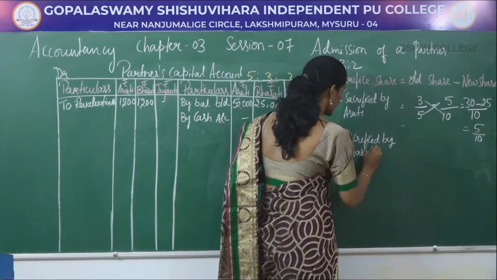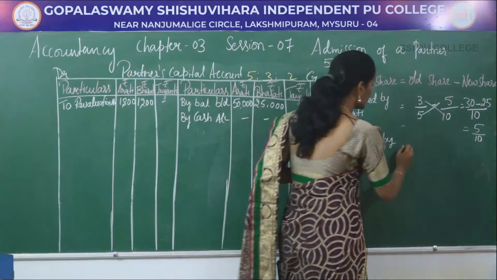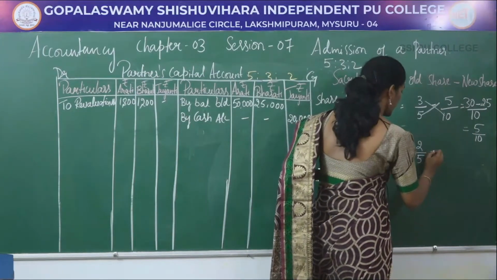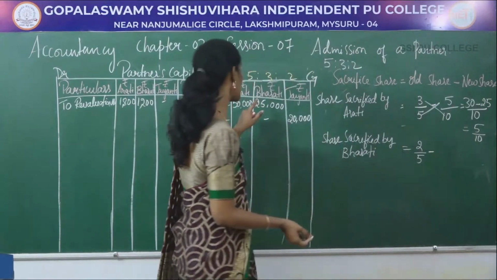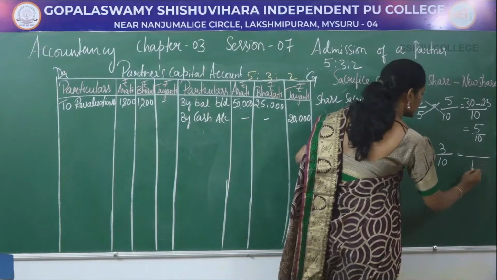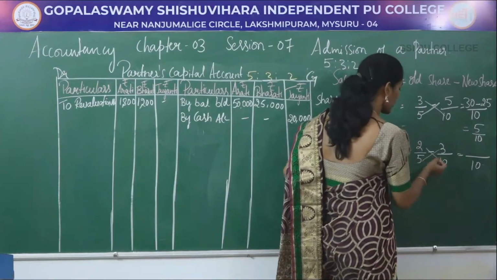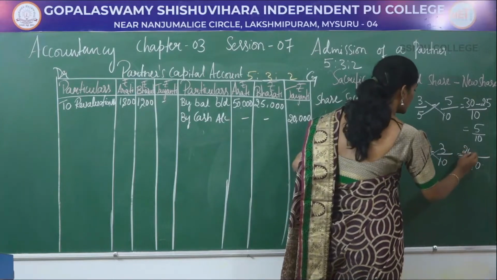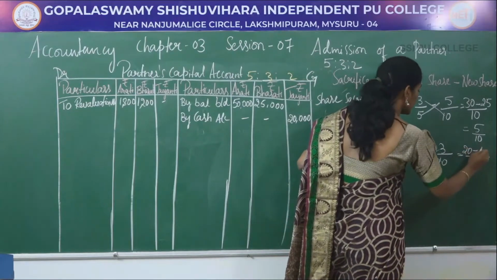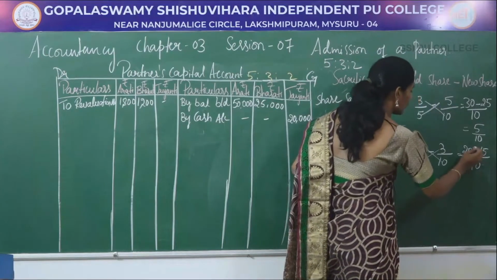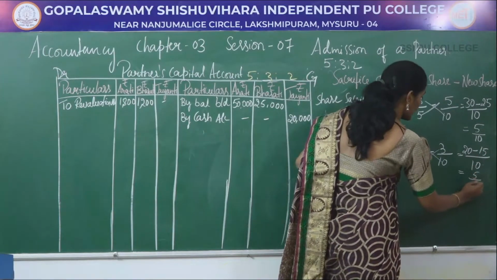Her old share is 2/5 minus her new share 3/10, and the LCM is 10. Cross multiply. 5 10 2s are 20, 5 3s are 15. When you deduct 15 from 20, you will get 5/10.